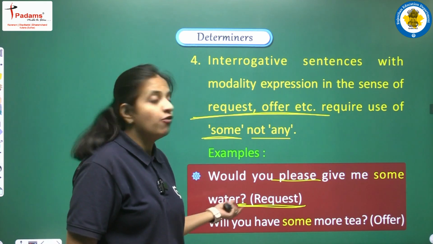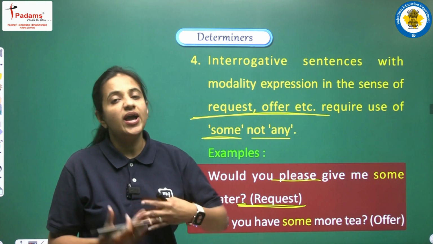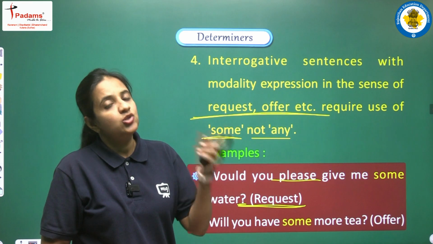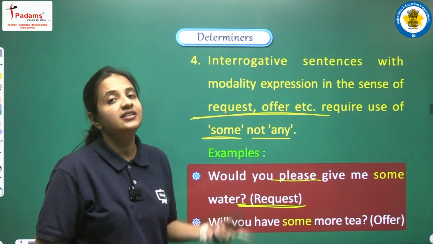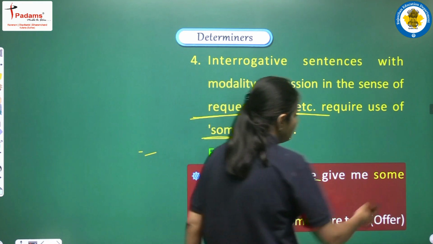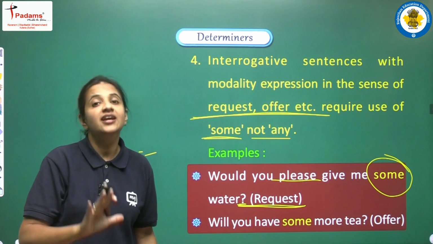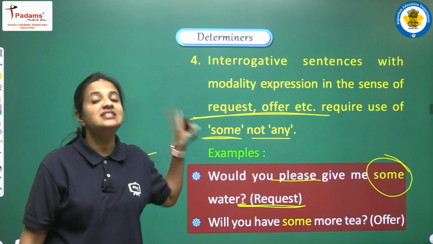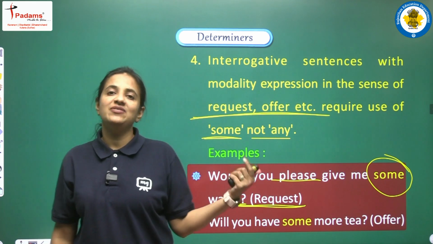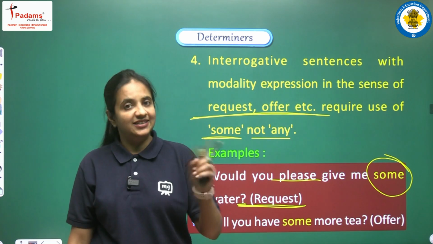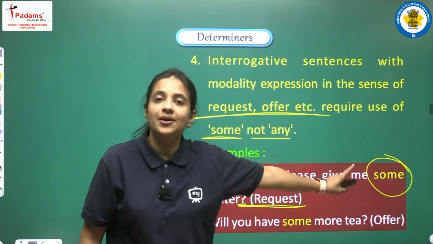Why? Because we want to have some water, so we are requesting for that thing. So when we are requesting, because of this we have to use some in the sentence, we cannot use any here. Yes, this is an interrogative sentence, but it has the sense of request, and this is the reason we have to use some.